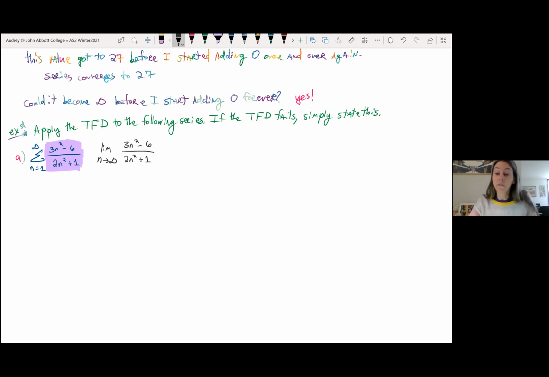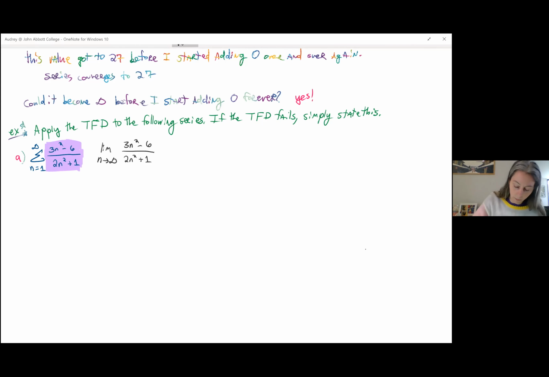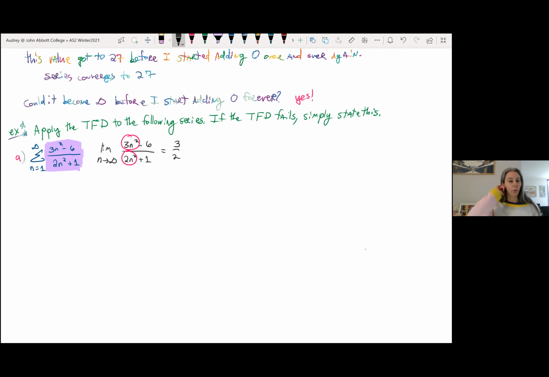And this is infinity over infinity. With n going to infinity, we can just take the big stuff: the 3n squared on the top and the 2n squared on the bottom. And just by looking at this, hopefully we can see that this is equal to 3 over 2.